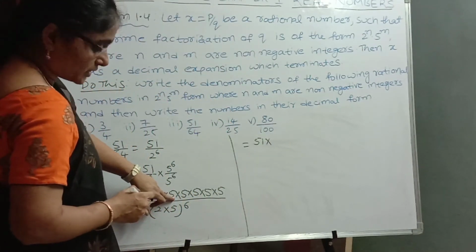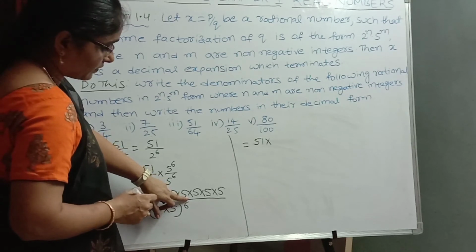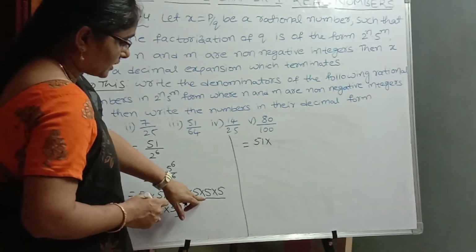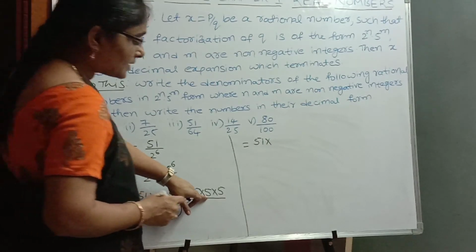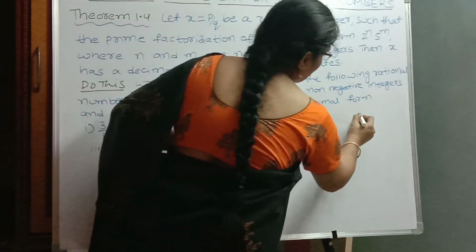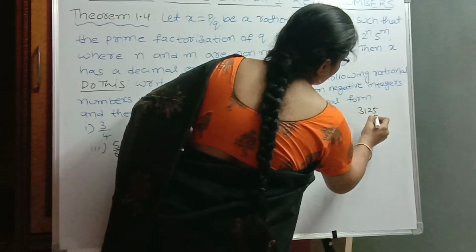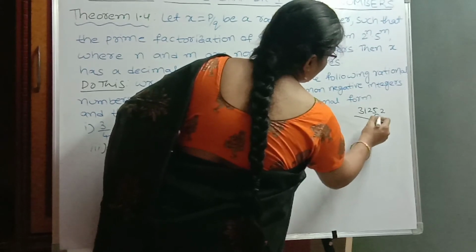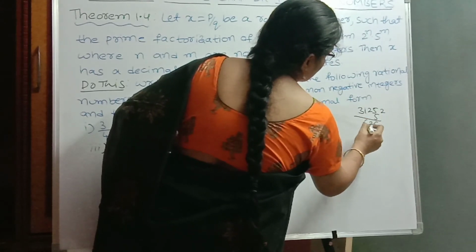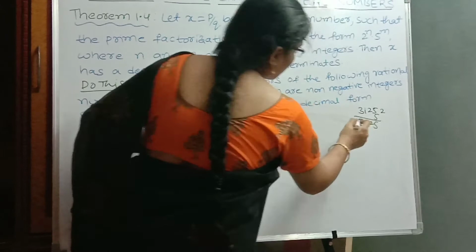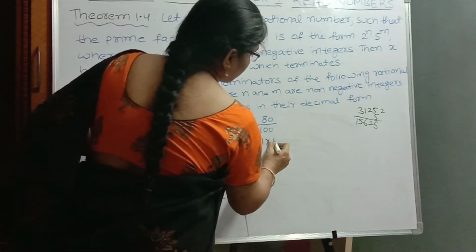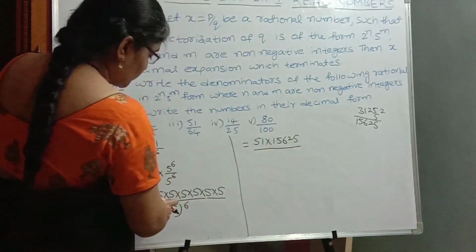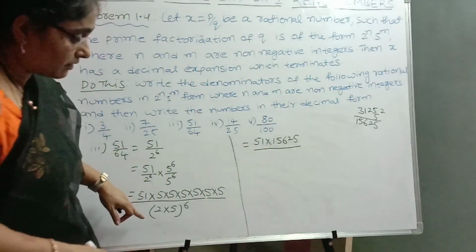5 5s are 25, 25 5s are 125, 125 5s are 625, 625 5s are 3125, and 3125 5s are 15,625. The denominator part is 2 into 5 whole to the power of 6.